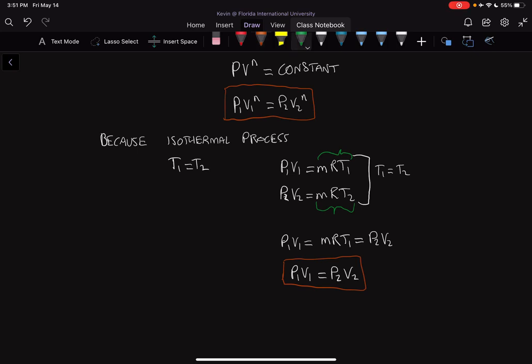Well, the power of n is just a power of 1. If we add a power of 1 to our ideal gas equation, and the fact that they're equal when there's an isothermal process, we now have a polytropic process with n equal to 1. So this is the proof of why an isothermal process is actually a polytropic process with n equal to 1.